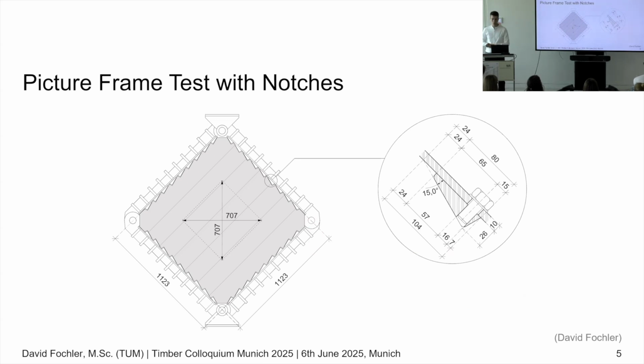But we hope for one huge advantage compared to all other available methods, and that's that the notches should allow tests with all kinds of elements. Not only with diagonal layers, but also with mechanically jointed elements, as well as the usual glued CLT. So we should be able to test everything in this frame.